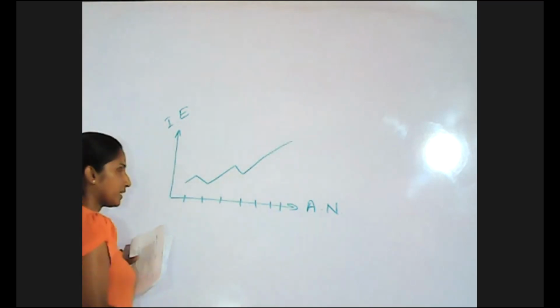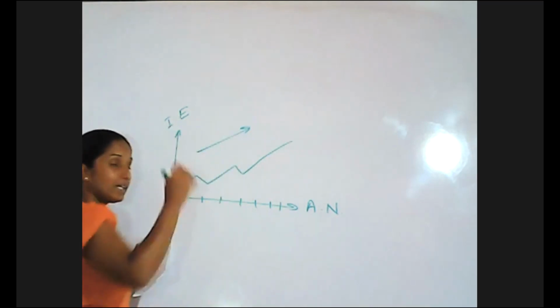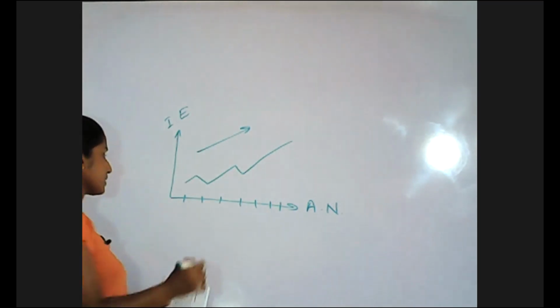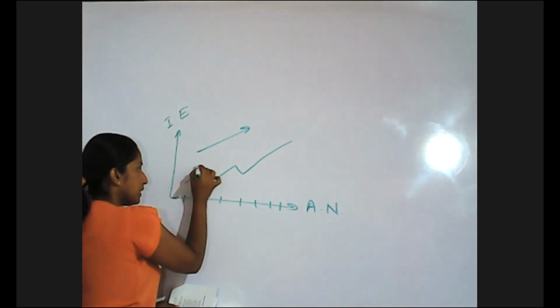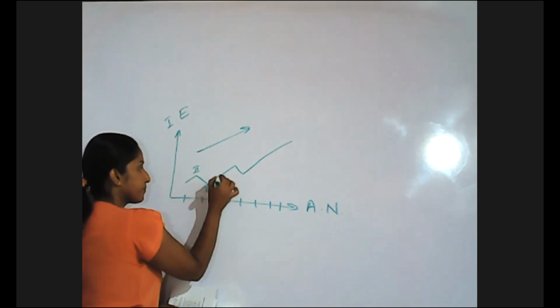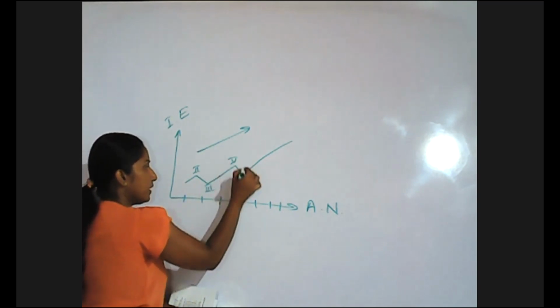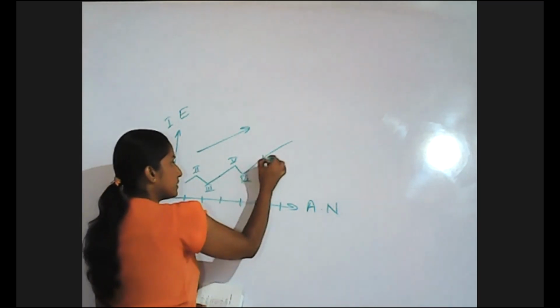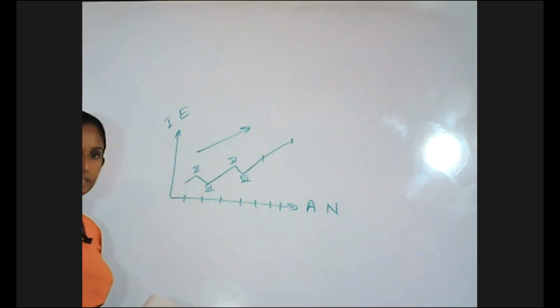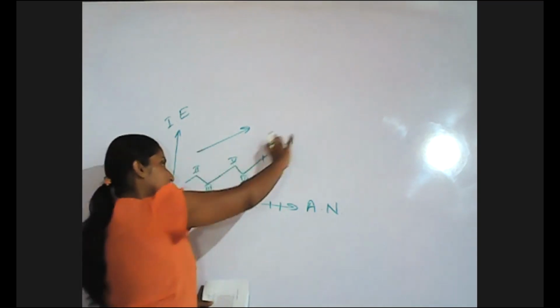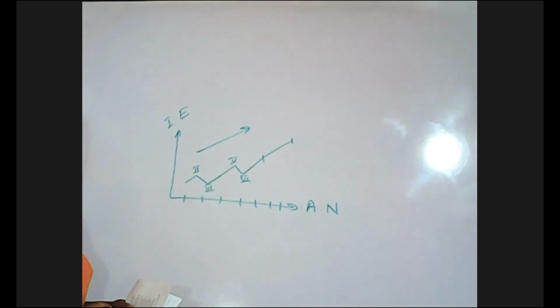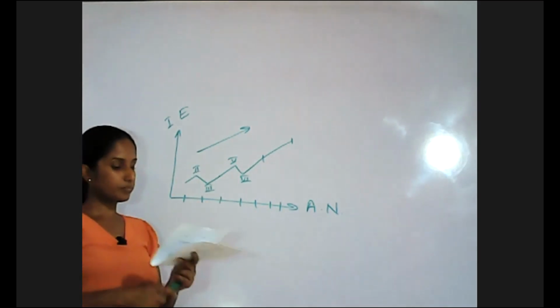That is why we say the first ionization energy gradually increases. Second here, third here, fourth here, fifth here, sixth here, and 7 here, 8 here. You have to know this sketch, the rough idea about the first ionization energy.